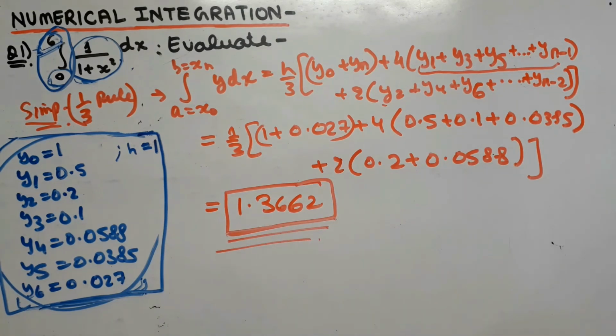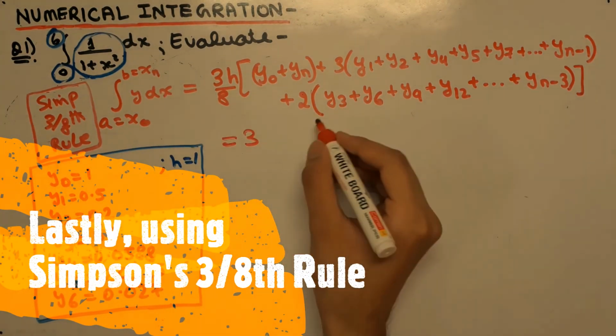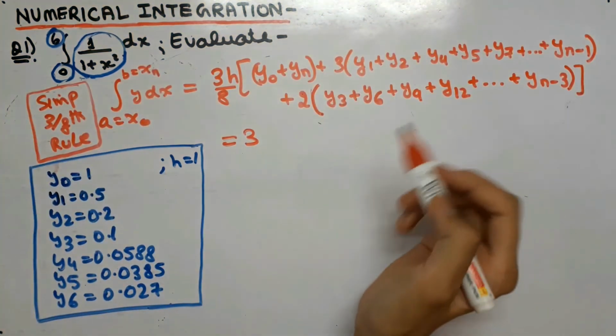Now similarly, we are going to solve for Simpson's 3/8 rule. In Simpson's 3/8 rule, we are simply going to put the values of h, y1, y2, y3 till yn.